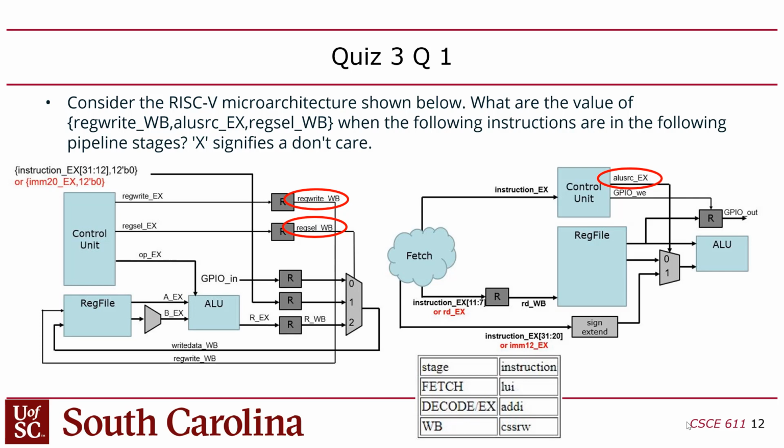I don't show the read ports because they are pretty brain dead. It's just the RS1 field and the RS2 field from the instruction going directly into the address ports, read address 1 and 2, right?